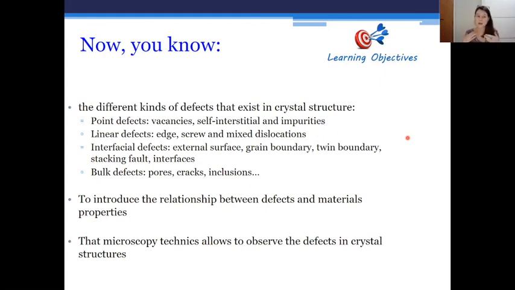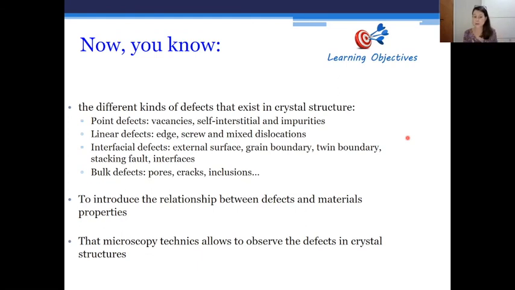So thanks to this class, we saw the relationship between some of these defects and material properties. And along the presentation of these defects, we used images that have been obtained thanks to microscopic techniques.